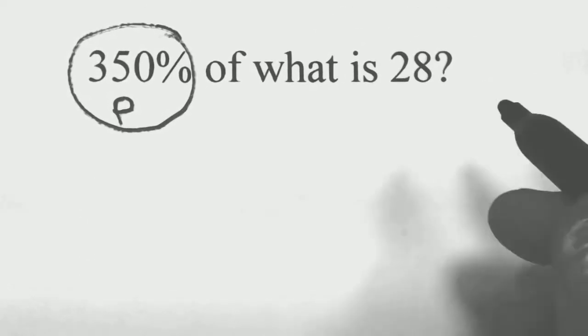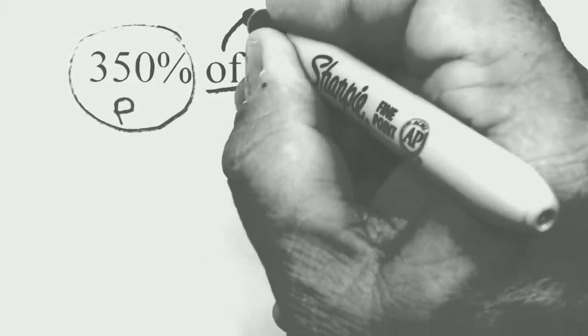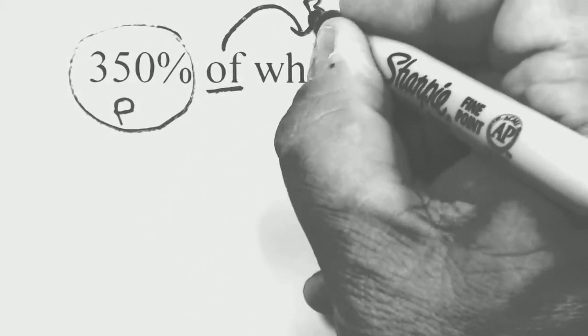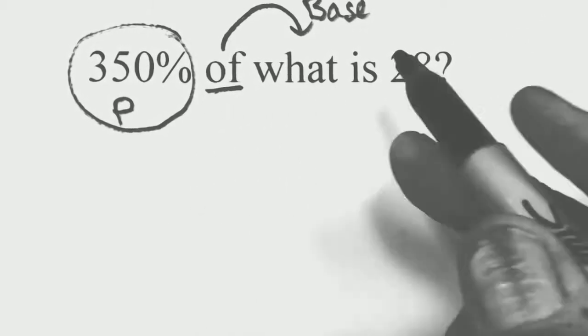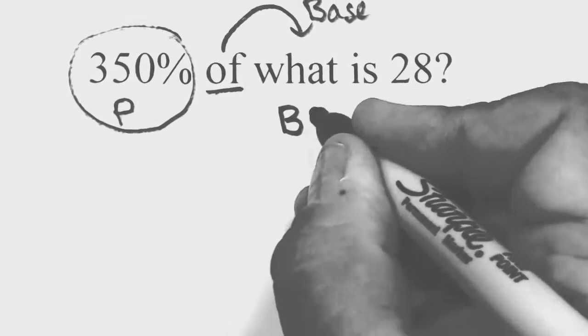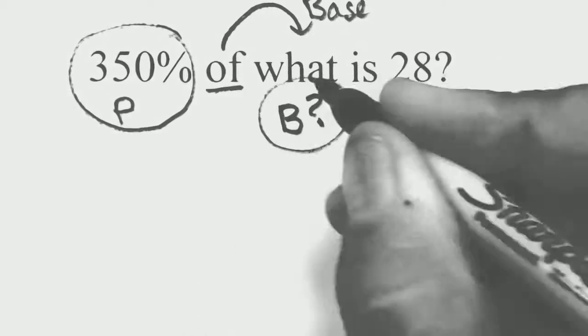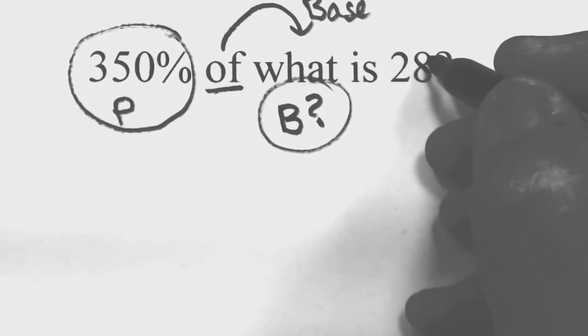Now, here's the thing in these simple problems. What follows the word of is always going to be the base. The base follows the word of, and it's not given here, so in this particular problem, it's the base that we're solving for. Well, what's left is the amount.